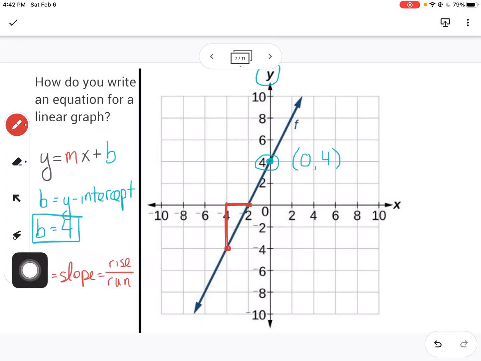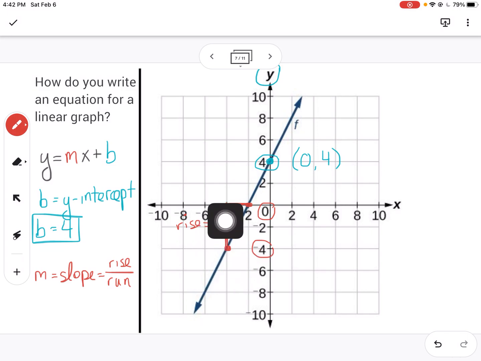So in this case, our rise is going up. We start here, we go up. We go from -4 up to 0. That means we went up to 4.